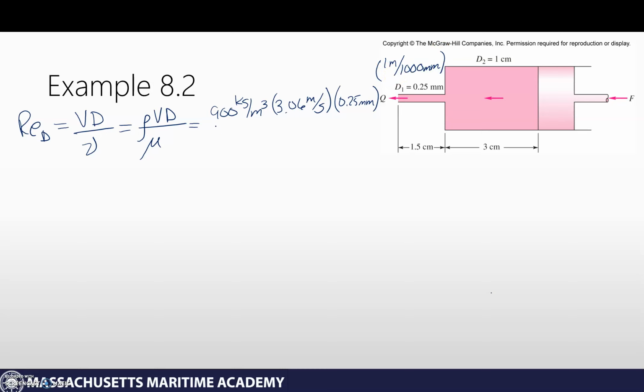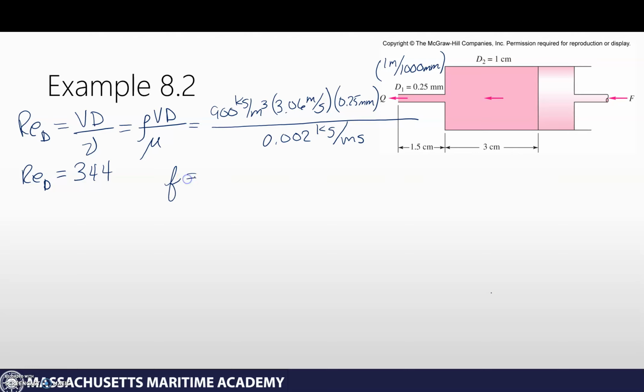That will give us our proper units on the top. And then on the bottom we have 0.002 kilograms per meter second. Those units will all cancel out, and this will give us a Reynolds number of 344. 344 is definitely laminar, which I'm happy about.